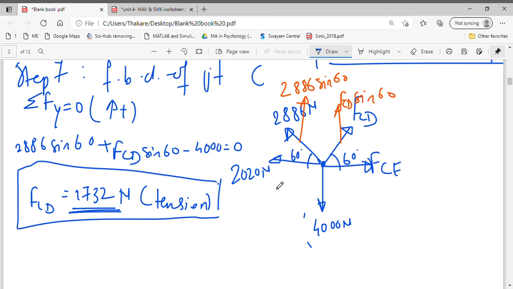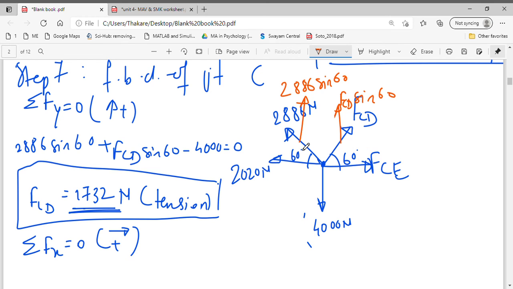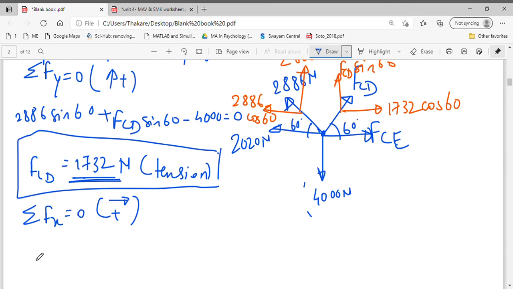Now we have to determine the value of FCE. To determine the value of FCE, we will take summation of all the horizontal forces to be 0. Forces acting towards right would be considered as positive. We will resolve these inclined forces in its horizontal component. It will be 2886 cos of 60, and this will be FCD 1732 cos of 60. Since we know the angle with respect to horizontal, its horizontal components are considered as cos.